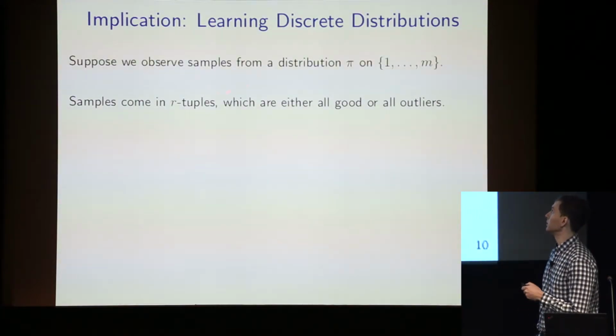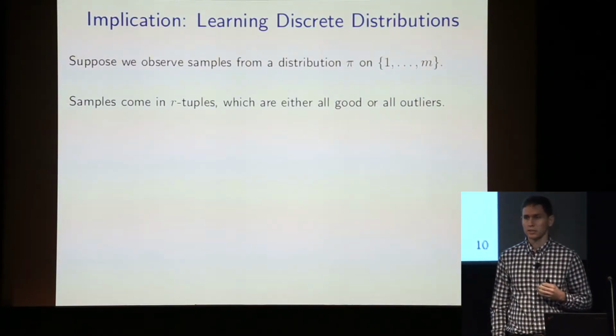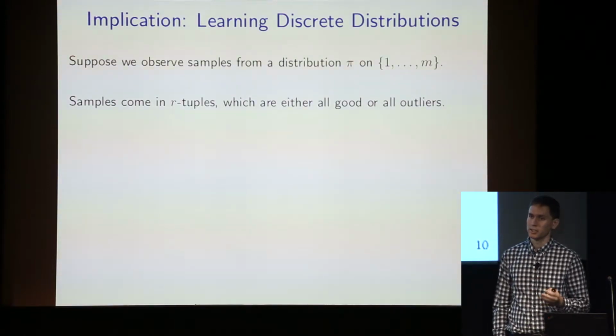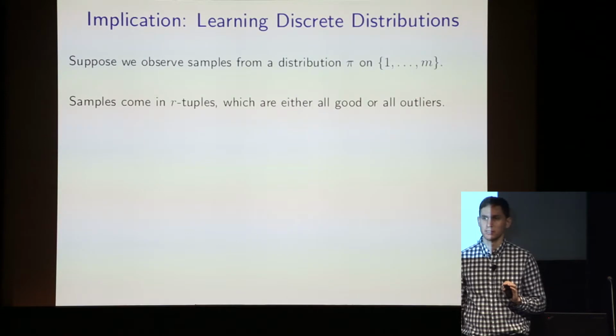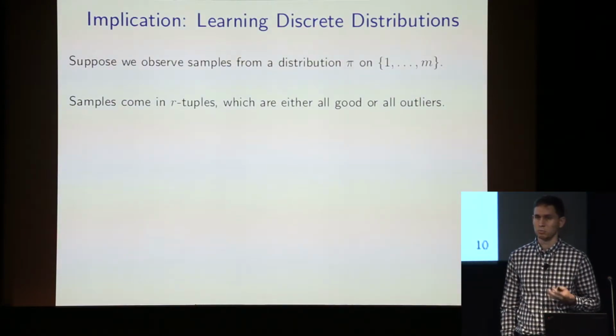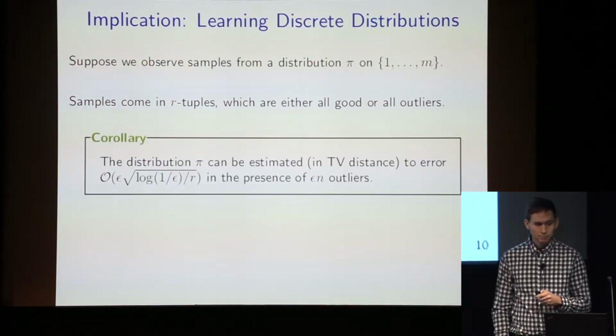So we observe samples from a distribution on just a discrete set with m elements. And the thing that's going to help us is the samples are going to come in r-tuples, which are either all good or all outliers. So we want to somehow use the fact that we get these batches and we know that they're either all good or all outliers to do something.